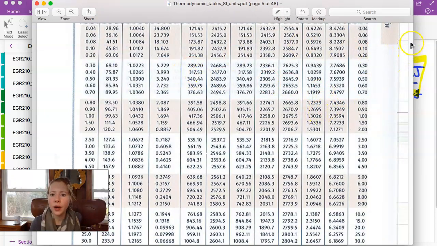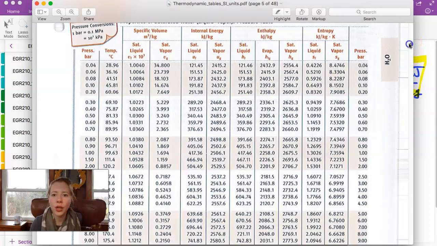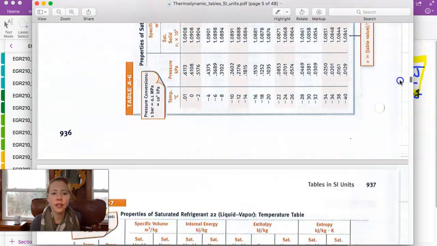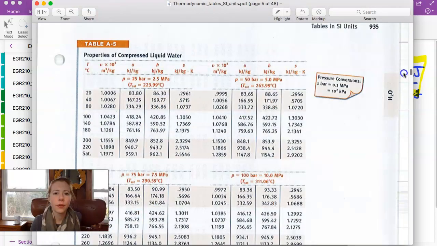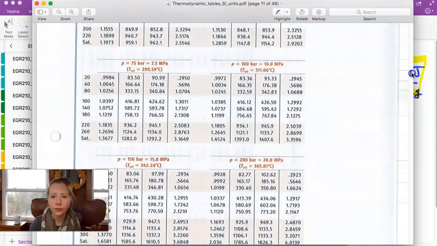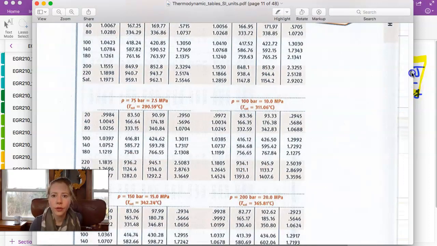So for entropy, we're at 1.3026. And so if we go down to the compressed table, at 100 bar and 1.3026.